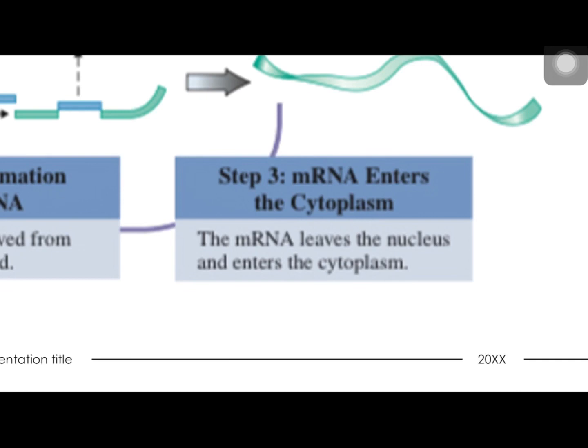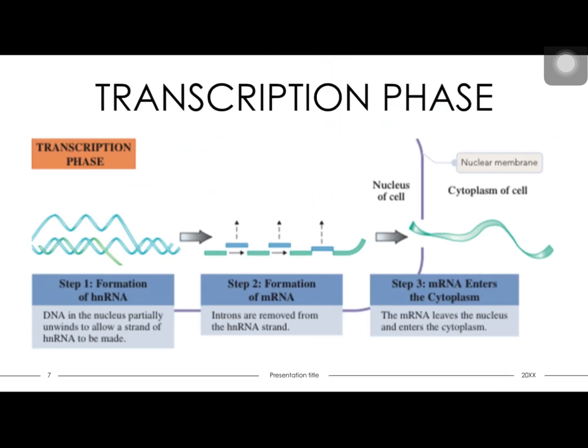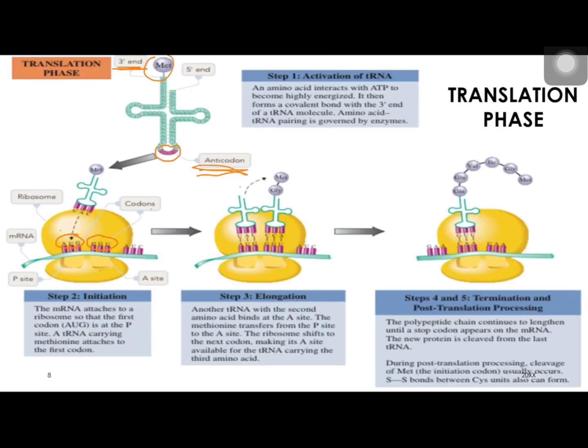The mRNA leaves the nucleus and enters the cytoplasm. Our mRNA can leave the nucleus because of the nucleic acid RNA, which can easily pass through the nuclear membrane. So, I believe we have finished our transcription phase. Let us now move on to our translation phase.